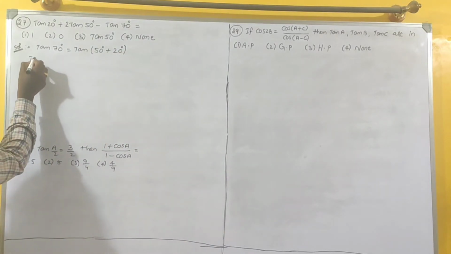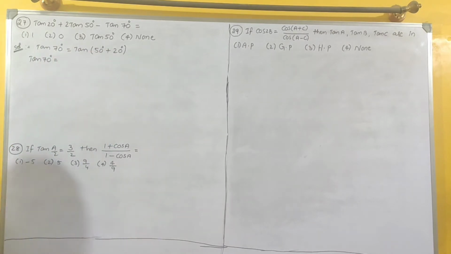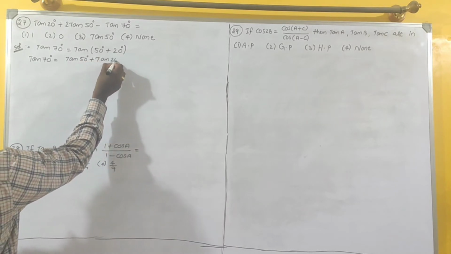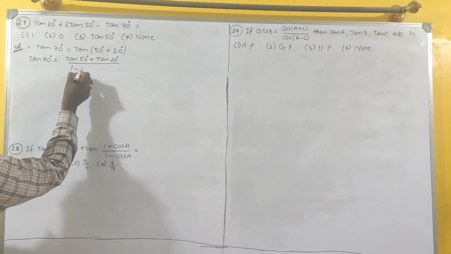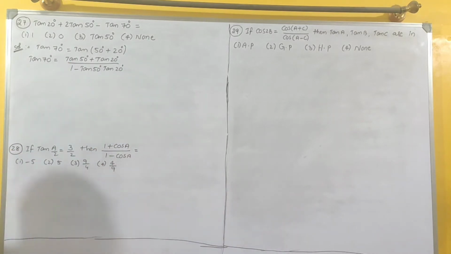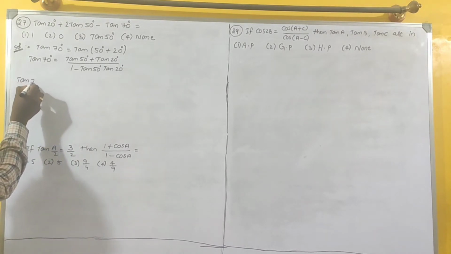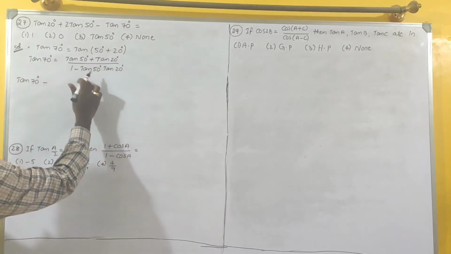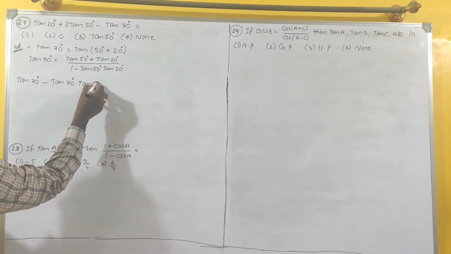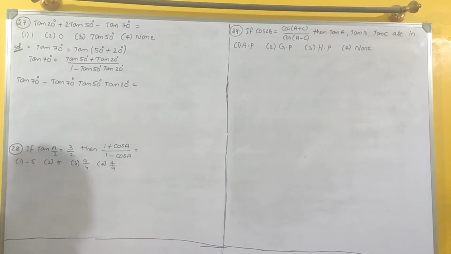It is in the form of tan of A plus B, which is tan A, that is 50, plus tan B, that is 20, by 1 minus tan A tan B. Cross multiply: tan 70 into 1 minus tan 70 into these two terms is equal to the numerator, tan 50 plus tan 20.